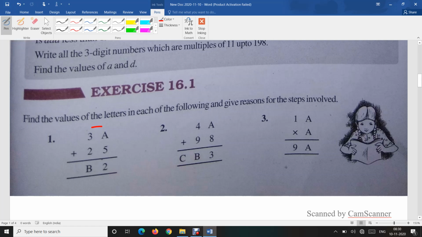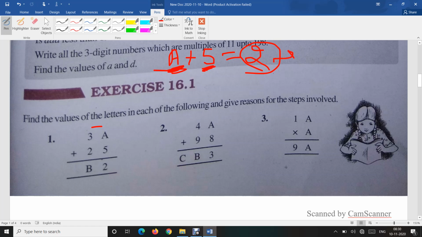You have 3a25, and in the result you have b2. That means a plus 5 should give a result whose unit digit is 2.